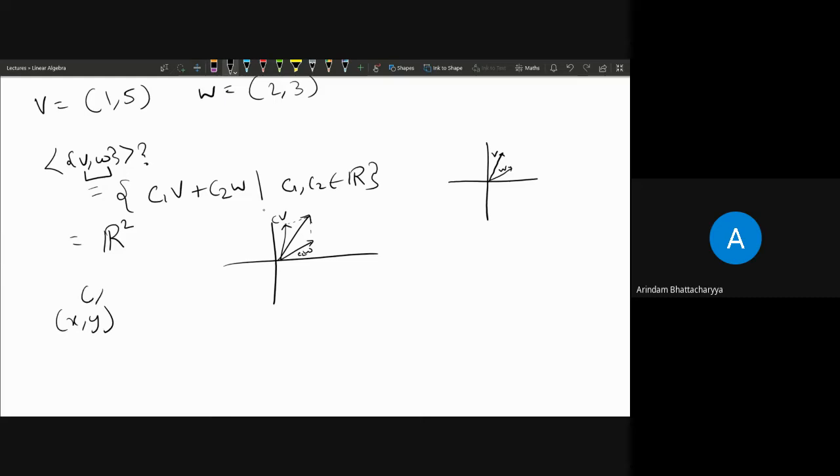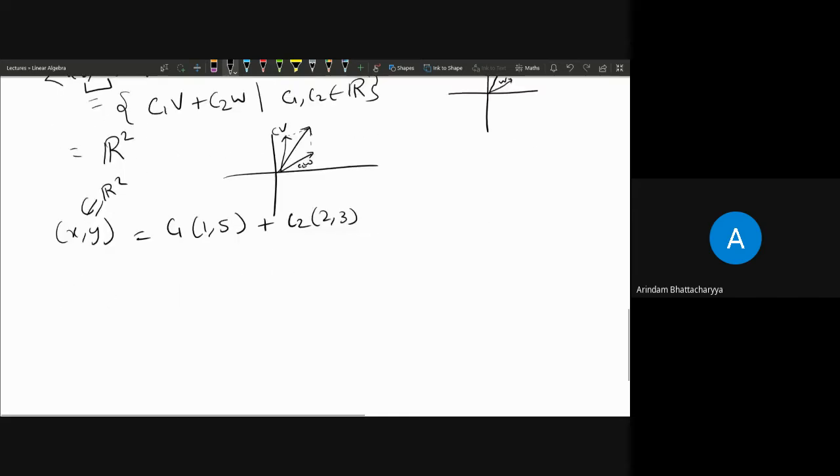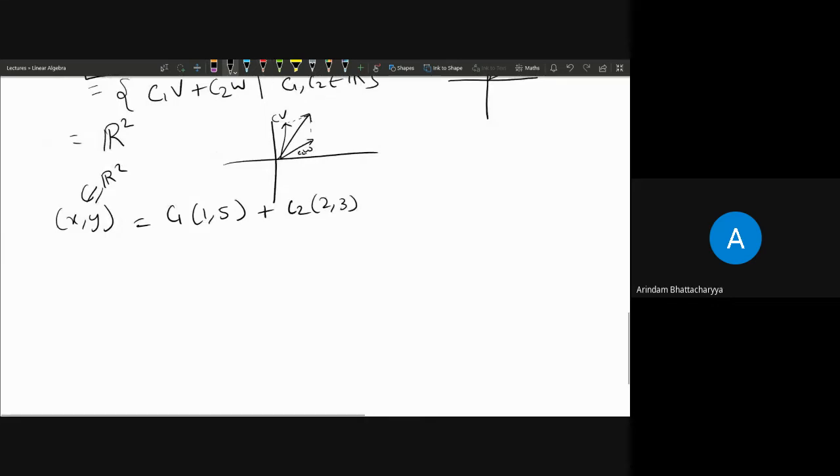Given a random point of R2, what are the constants c1 and c2? The question is clear, right? And so you just solve the equation c1 plus 2c2 equals x and 5c1 plus 3c2 equals y.